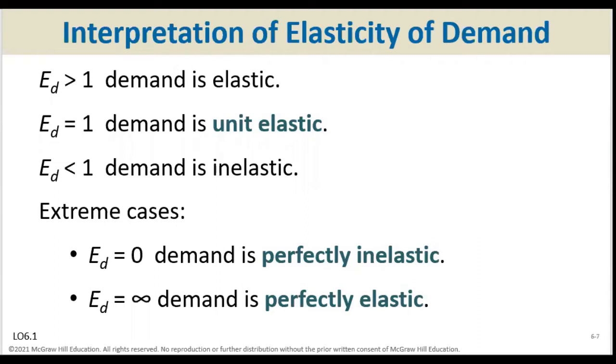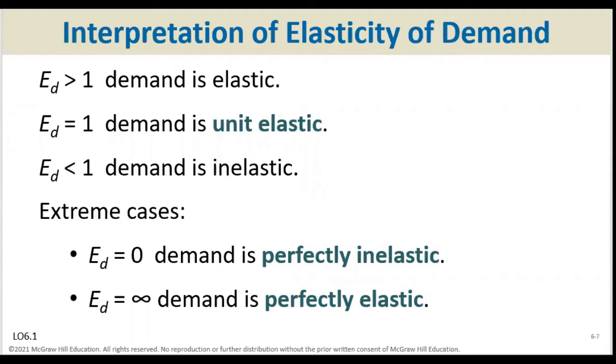And if E_D is less than 1, the demand is inelastic. There are some extreme cases I need to point out: where E_D is equal to 0, we say the demand is perfectly inelastic, and E_D equal to infinity, the demand is perfectly elastic.